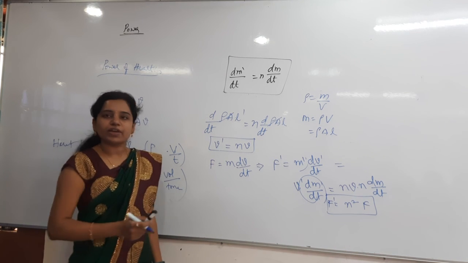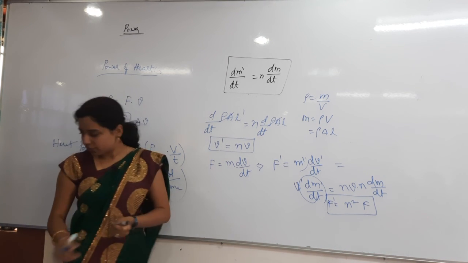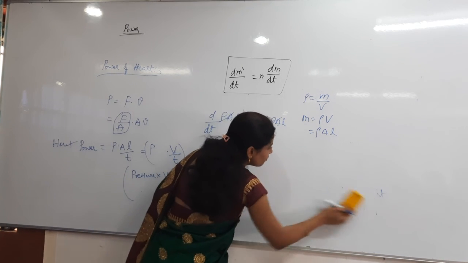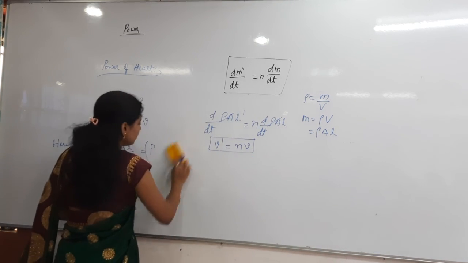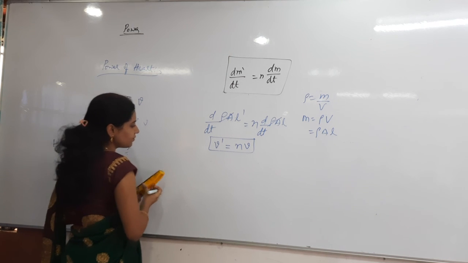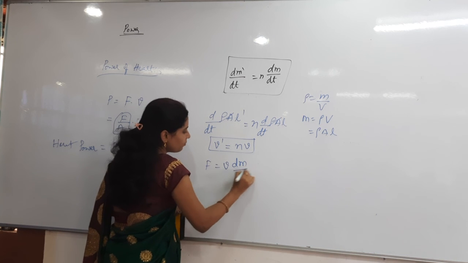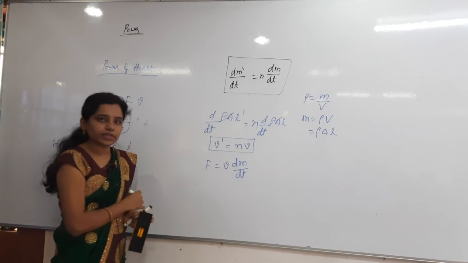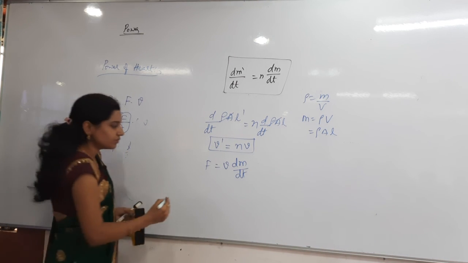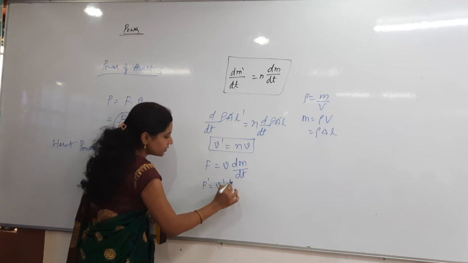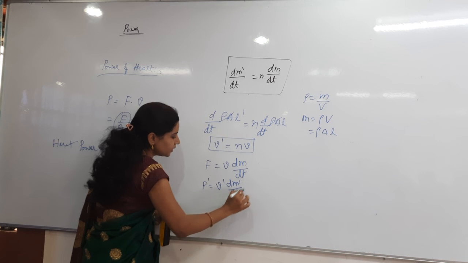Then after that you have to find out the force. For finding the force, here I am taking F is equal to, for the variable mass system at constant velocity, what is the formula we are having? F is equal to V into dm by dt. This is the general force we will take. Now the final force I want, so for that purpose F dash is equal to what can I write? V dash into dm dash by dt.